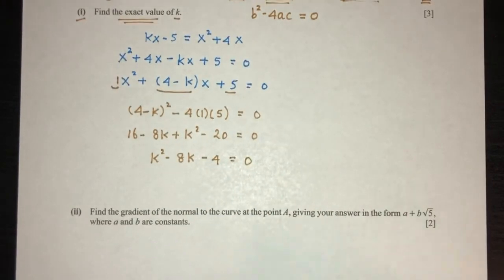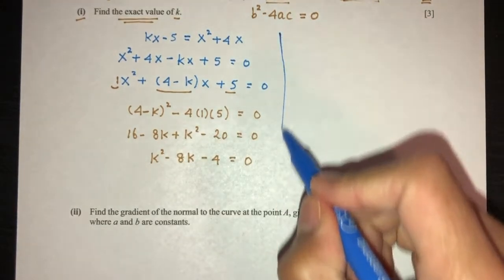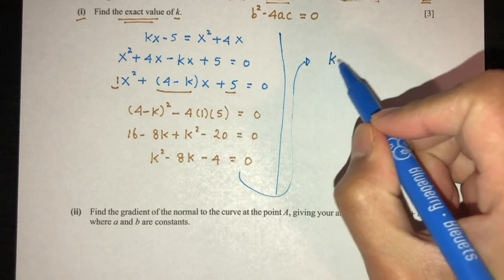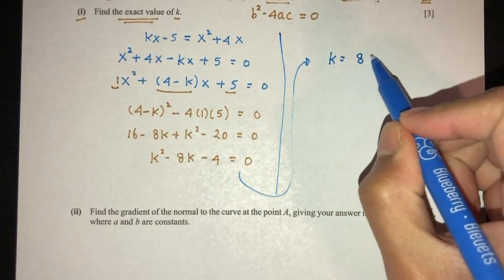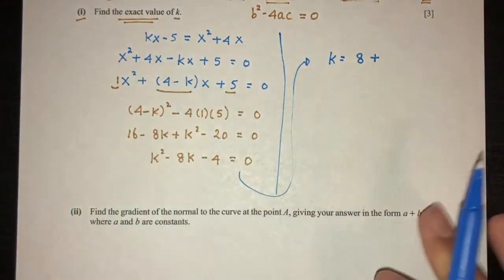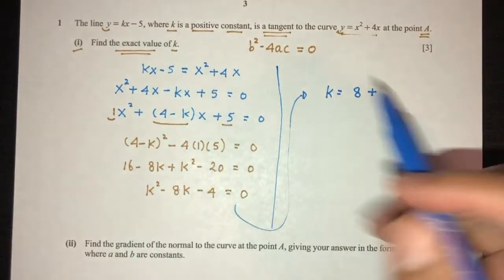Now you observe it's not possible to factorize directly, so we have to solve by the formula. So let's continue on this side. We have k equal to minus b plus, we can forget the minus because we need only a positive value. As you can see, we only need a positive value.